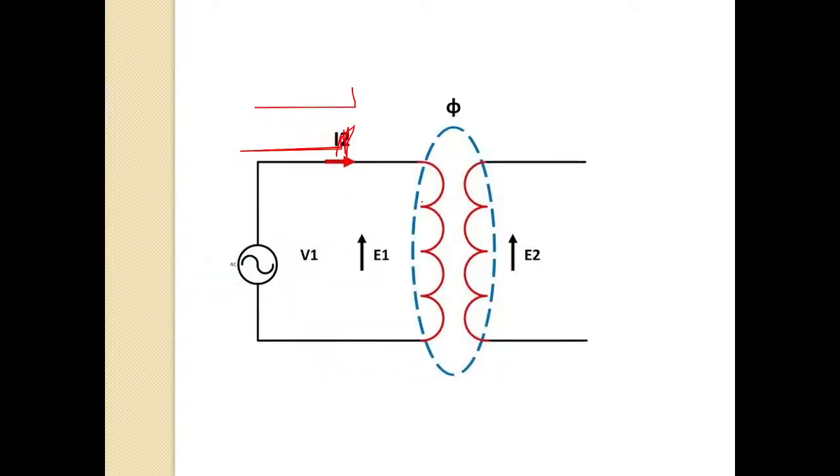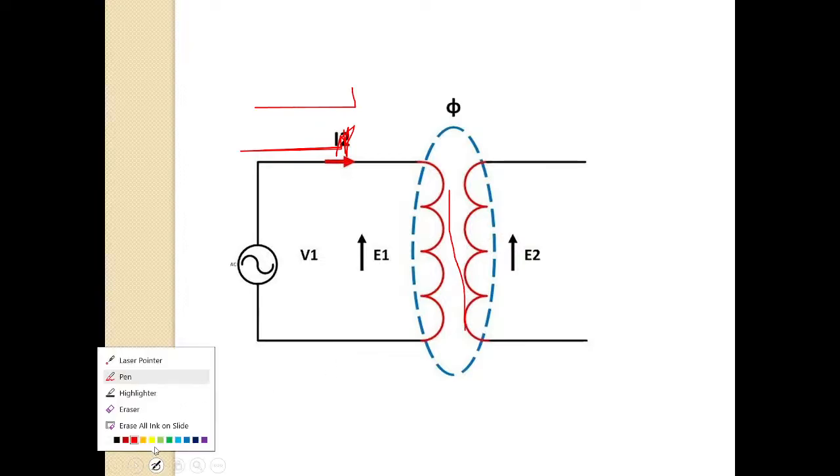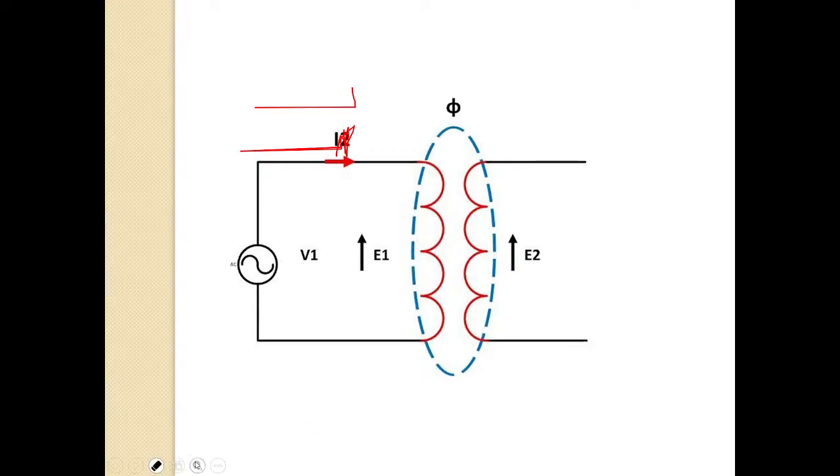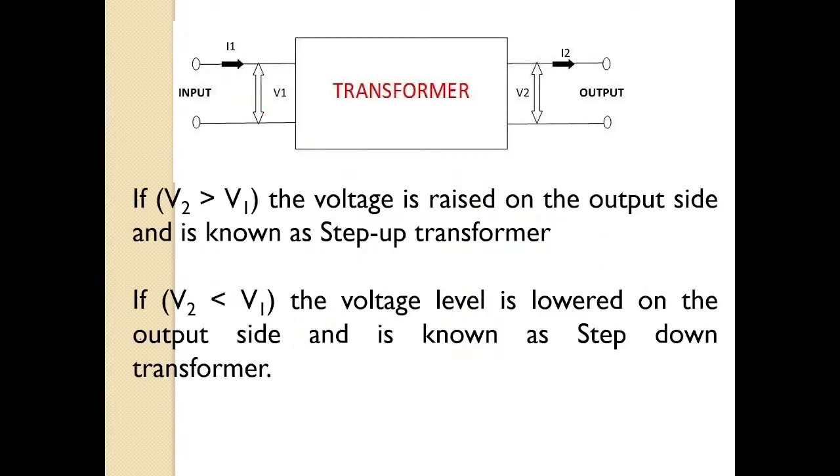I was unable to draw the two parallel lines here, but I will try. So this is what happens if I am drawing anything. Okay, these are the two parallel lines. So this is the symbolic representation of the transformer with two parallel lines.